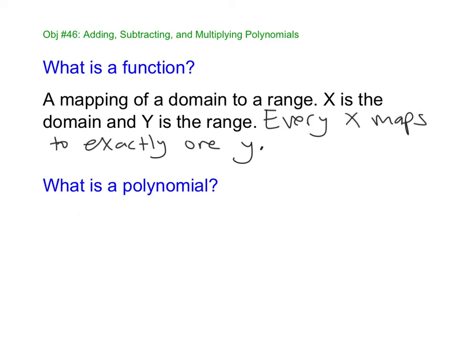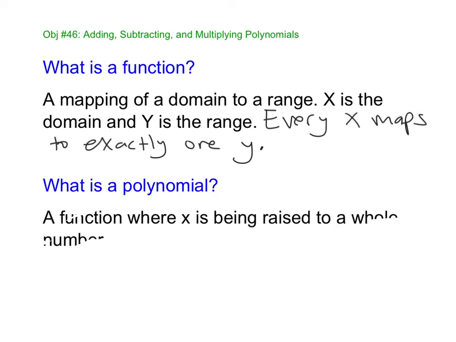All right, polynomial. So a polynomial is a function where x is being raised to a whole number, right? So technically a quadratic is a polynomial, but we usually think of things like y equals x squared plus 3x minus 1. That's a polynomial. But usually in this unit, it's more like higher power.